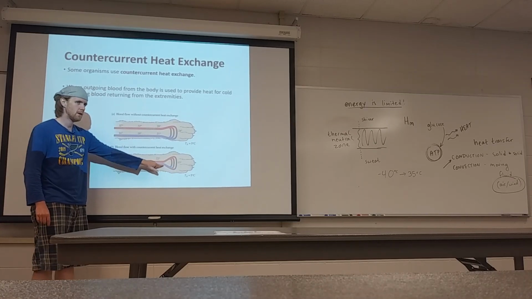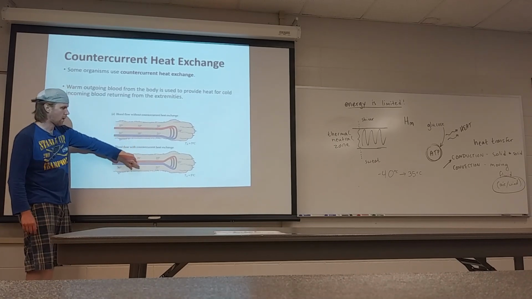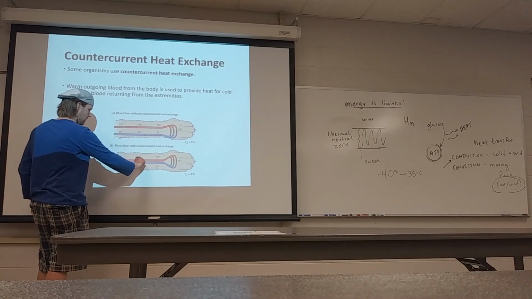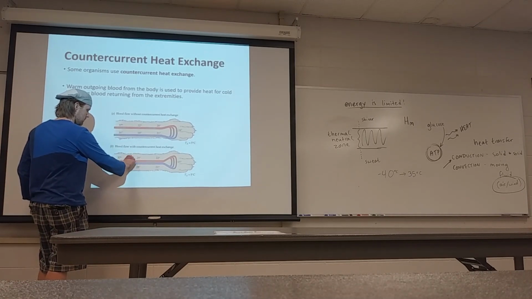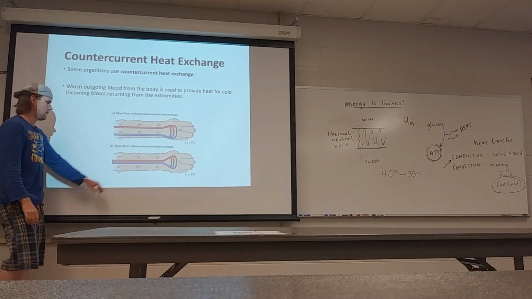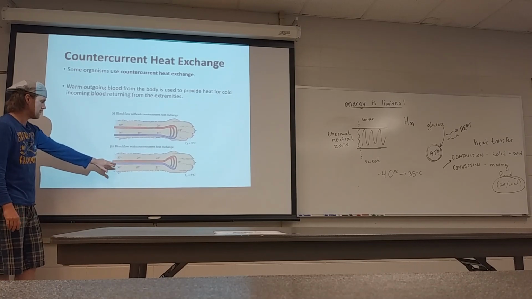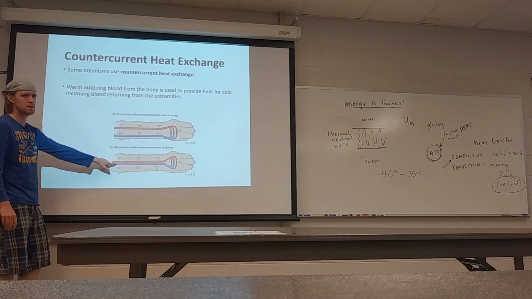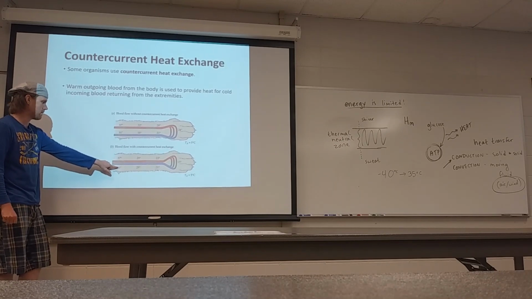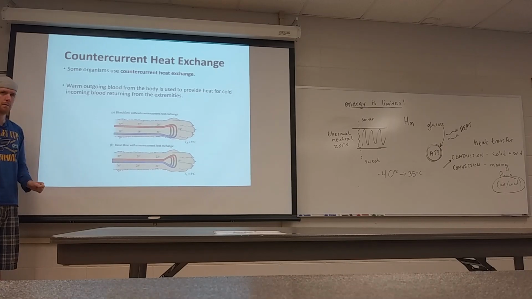Blood comes back in the vein, and the warm blood in the artery, since it's right next to the vein, is going to ultimately release heat through conduction and convection into our vein, which is coming back. So by the time our vein returns to the main bulk of the organism's body, it has warmed up to the same temperature that it was going out.